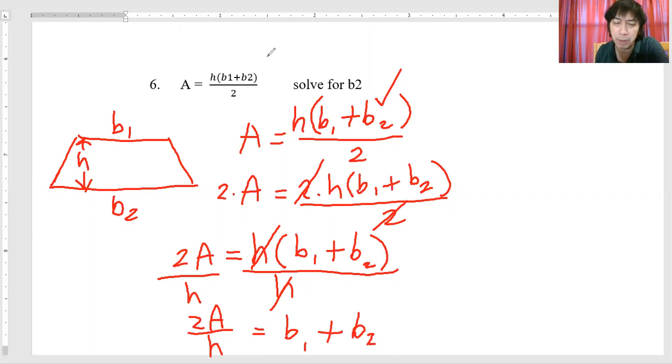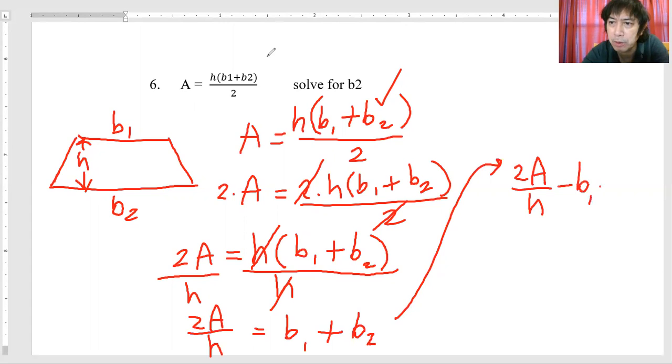Just one more step and it's finished. This will now be moving the b1 by way of subtraction, because b1 is added to b2. So how do you reverse addition? It's subtraction. So you will subtract b1 from both sides. This is now going to be twice the area over the height minus b1 is equal to b1 plus b2 minus b1, of course.